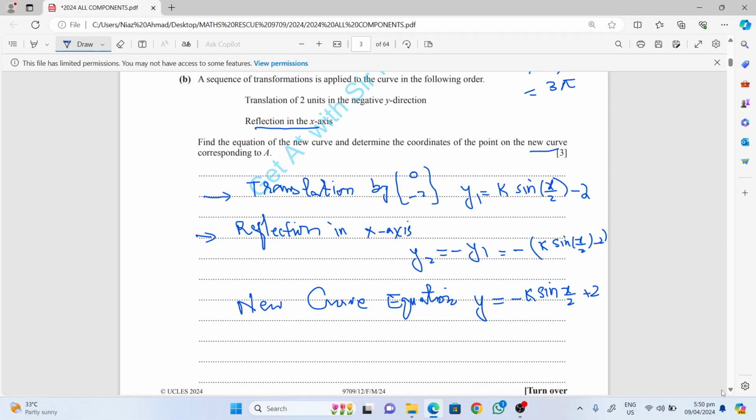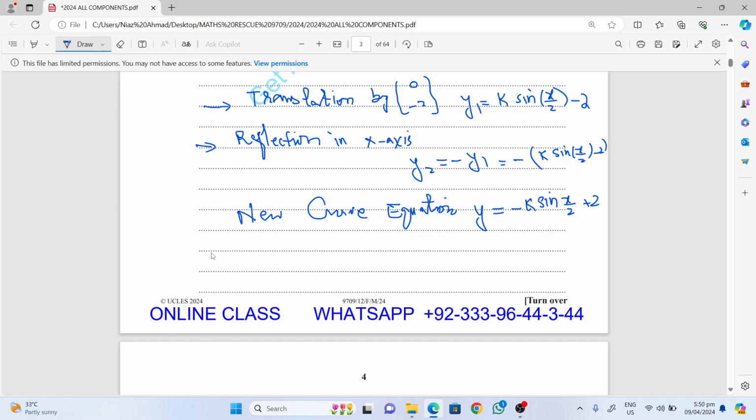And for the y coordinate, that was negative k, and I will apply translation of negative 2, giving negative k minus 2. Then I am going to reflect this in the x-axis.